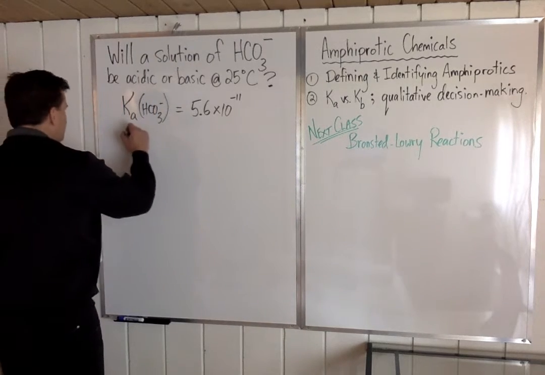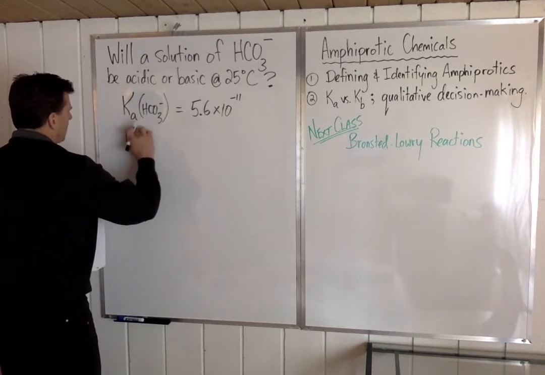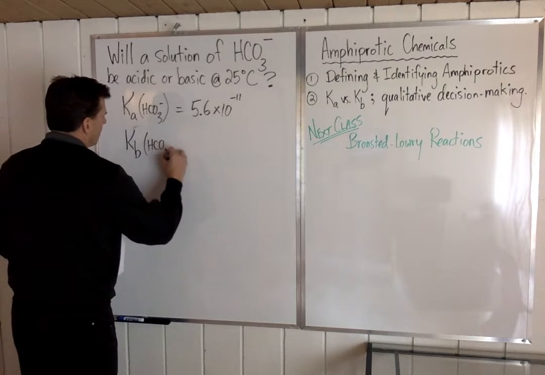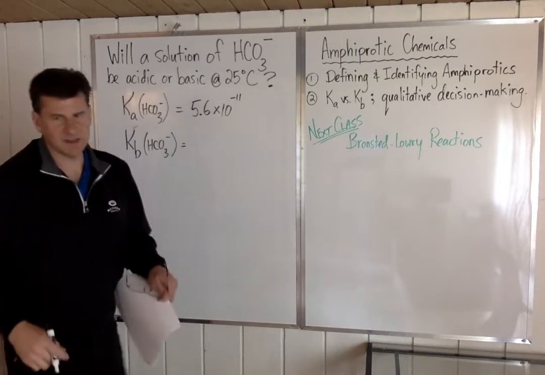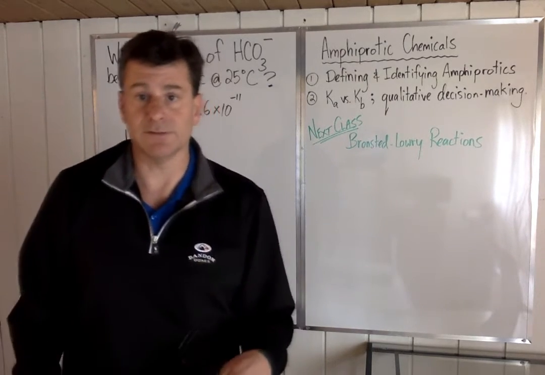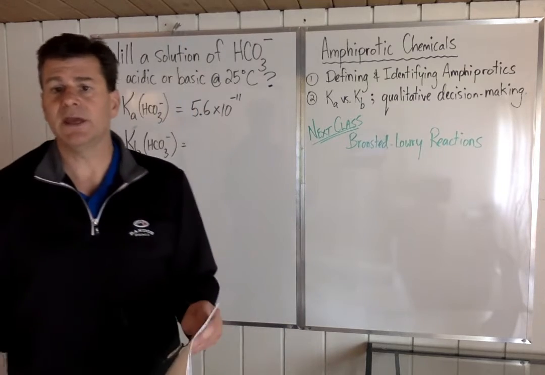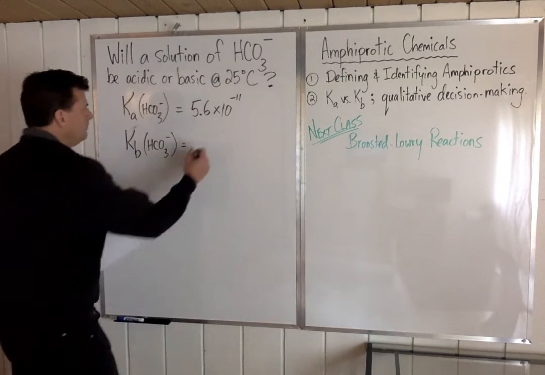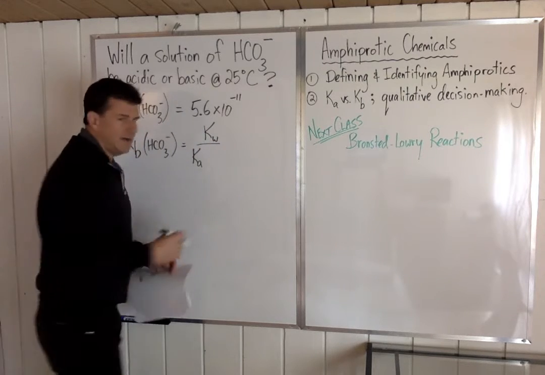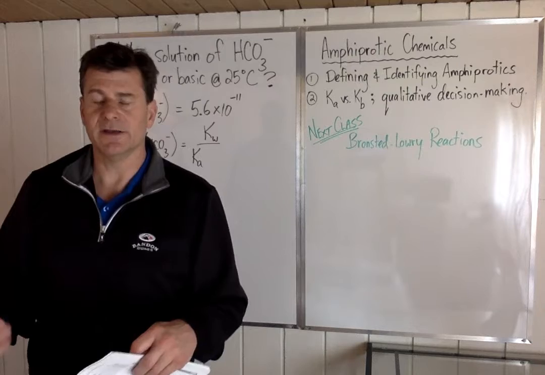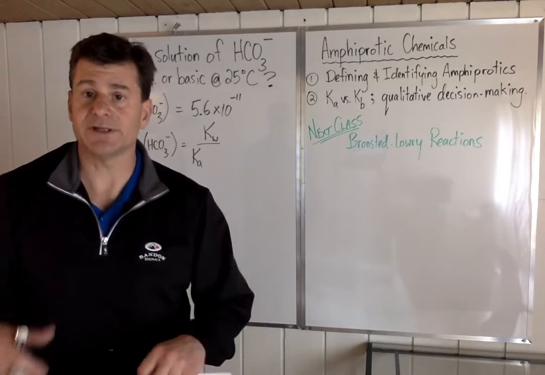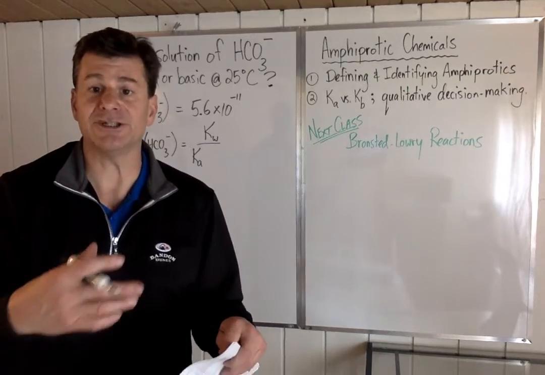So its Kb equals, and it takes a little bit more doing, because Kb, if you recall from when we were doing the weak bases, the Kb of any base is equal to Kw divided by the Ka of its conjugate acid. So to determine its conjugate acid, and we haven't even written an equation, you put an H back on it.